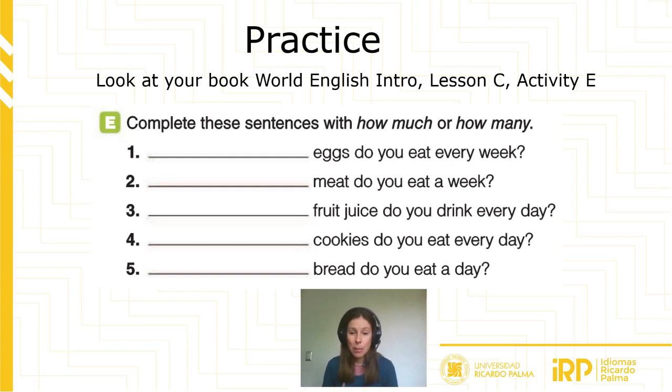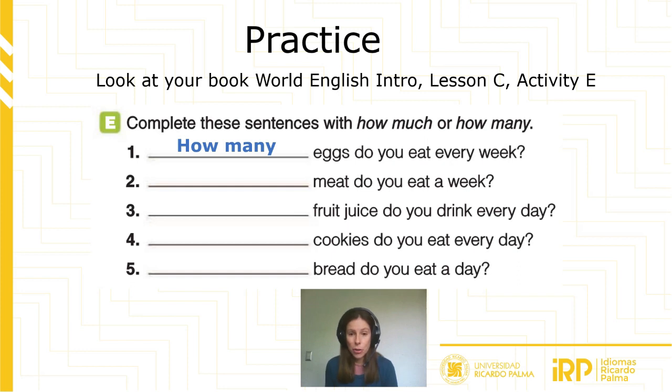Remember, the first thing you need to do is look at the noun to see if the noun is count or non-count. So in the first question, we have eggs, and we can count the eggs. So the answer is, the expression, how many? How many eggs do you eat every week? 1, 2, 3, or more.